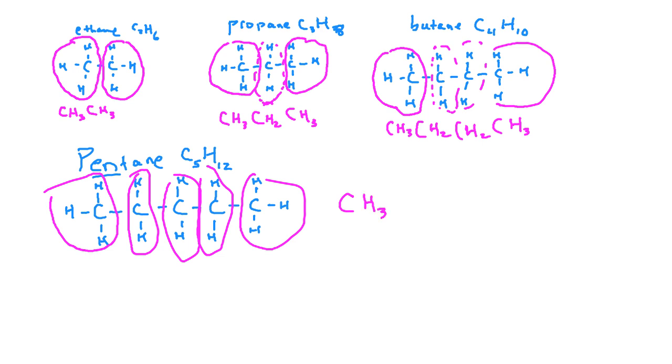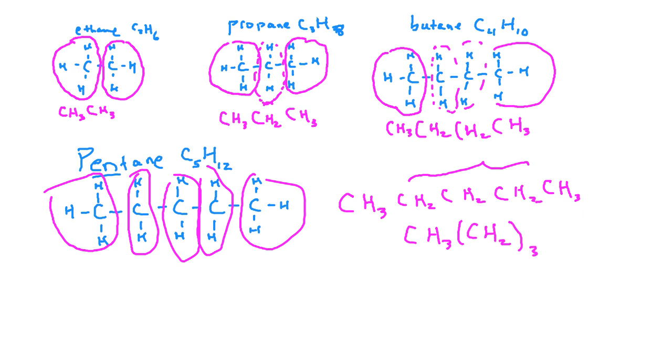Instead of writing the CH2 3 times, we can write this as CH3, CH2 3 times, and then CH3. If I saw this on the test, this is pentane. See the way I wrote it?